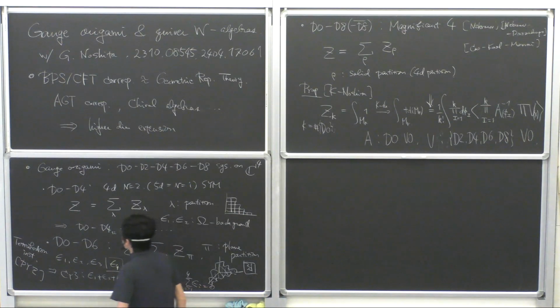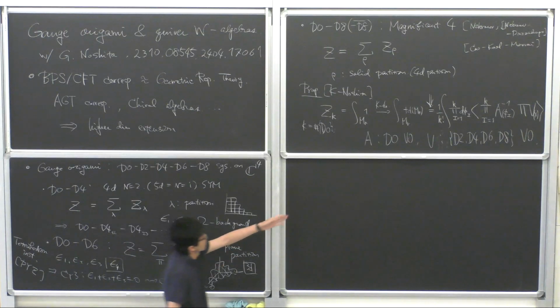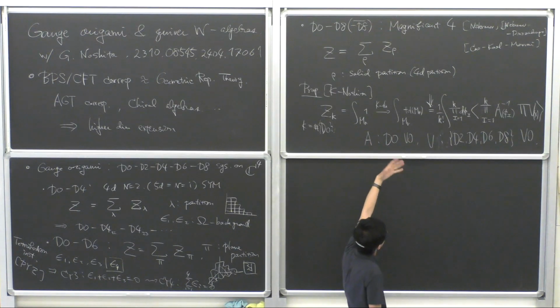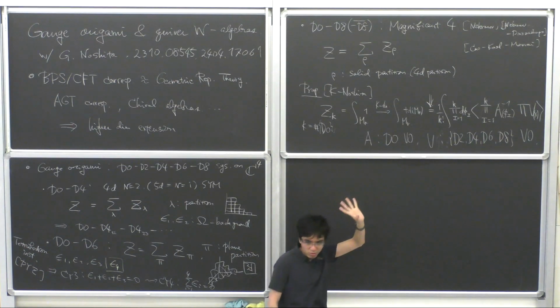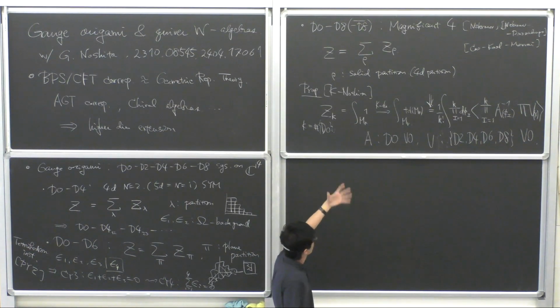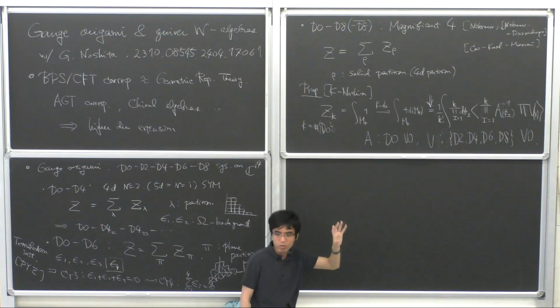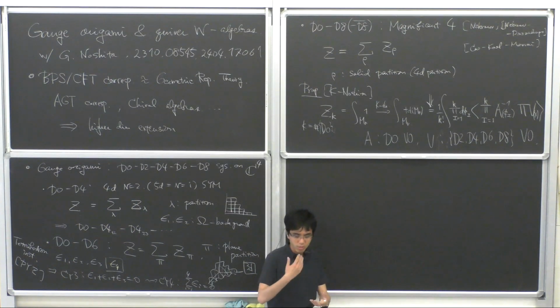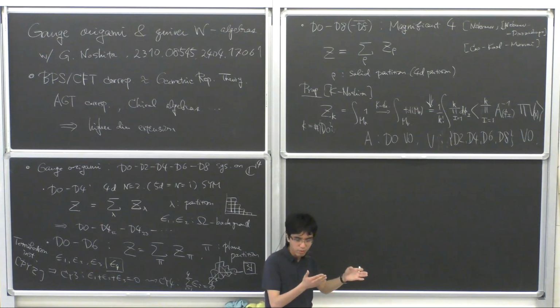Okay, so as I said, the concept of this BPS/CFT correspondence has as its mathematical counterpart basically geometric representation theory. Looking at this equivalence, the left-hand side is a partition function of a certain BPS configuration that can be computed from a geometric point of view, in the sense that we have a moduli space of this BPS configuration, and if you take the equivariant integral, you get the partition function.